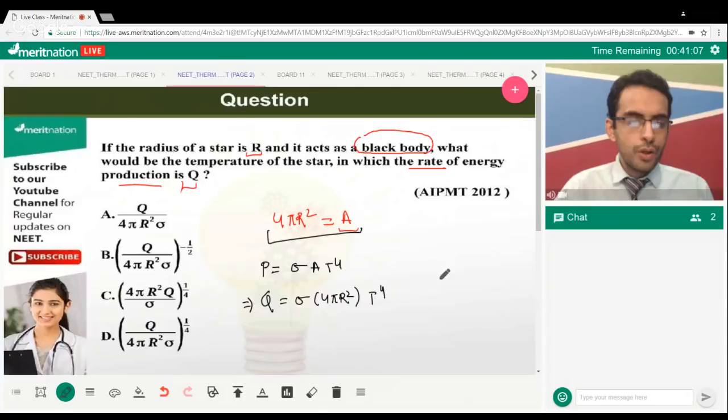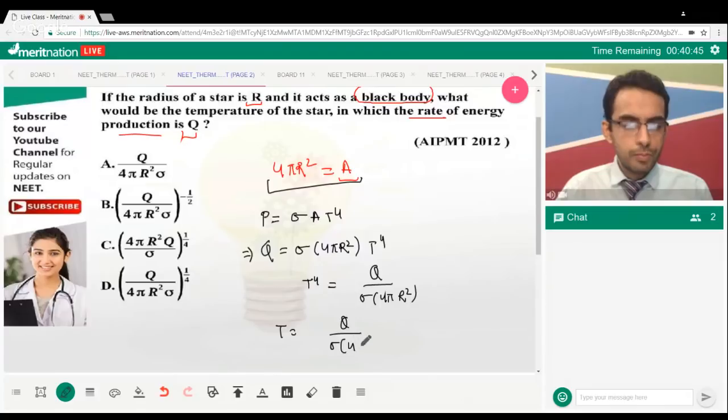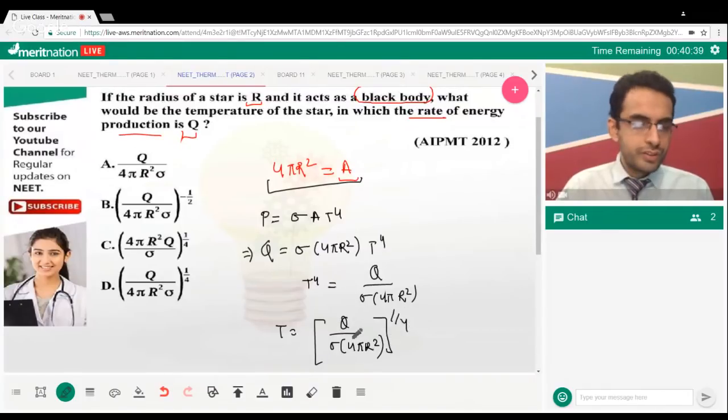So from here, T raised to the power of 4 is Q by sigma into 4 pi r square. So simply you can find that T is equal to Q by sigma into 4 pi r square, raised to the power of 1 by 4. So simply we can say D is the correct answer, right?